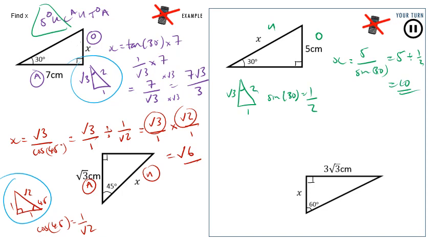Last example here. So opposite, adjacent, we need to use tangent for this. We know that the adjacent is going to equal the opposite, which we've got here in surd form, divided by the tangent of 60 degrees. And we need to remember what's going to help us find the tangent of 60 degrees.